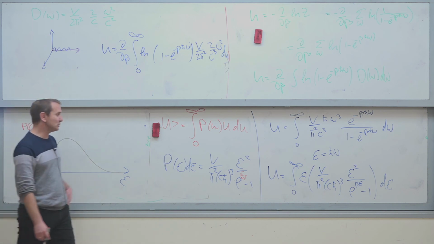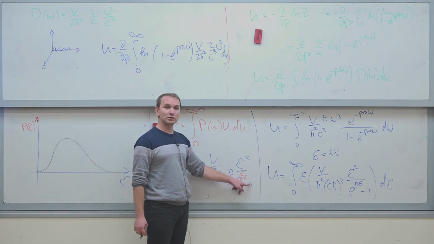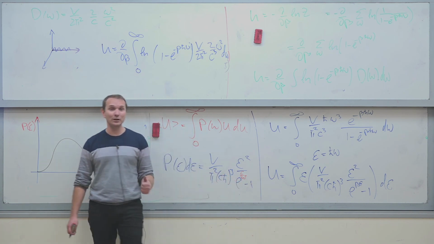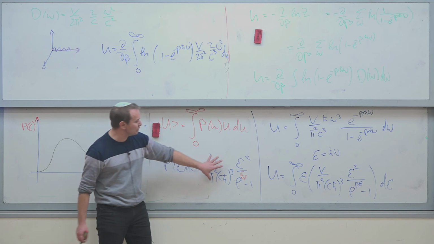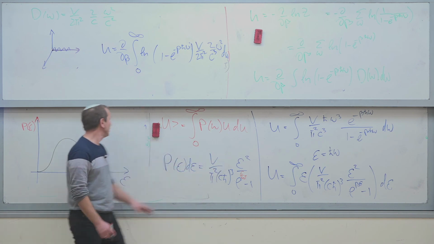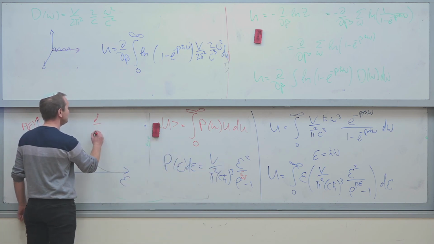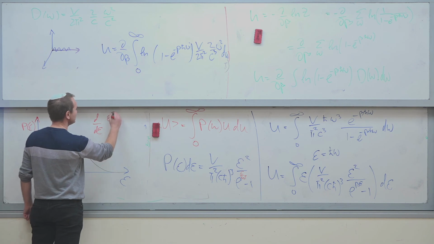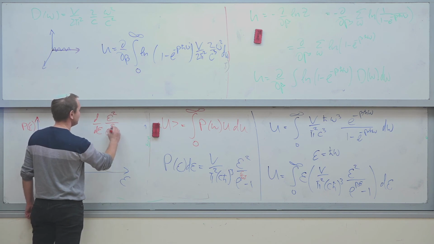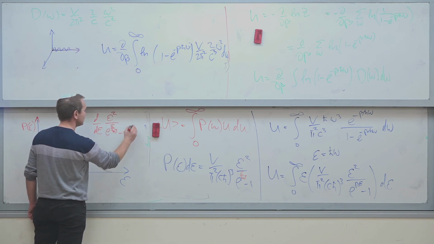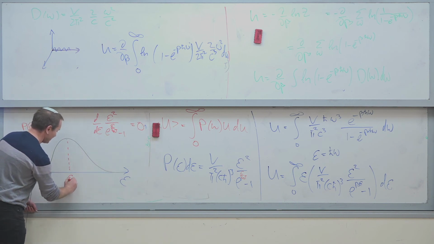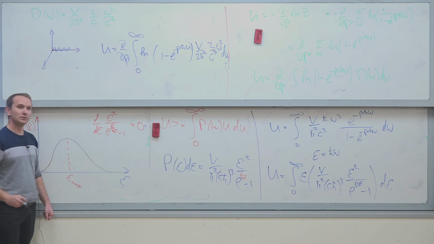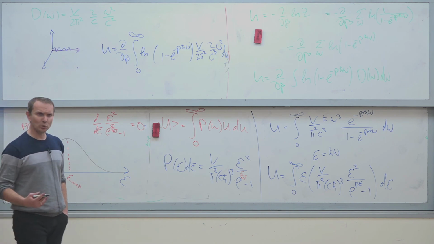The location of this maxima is dictated only by the temperature. If I'm looking for a maxima, all the prefactors are not interesting, and I'm looking at d to d epsilon of epsilon squared divided by e to the epsilon over K Boltzmann T minus 1 equals 0. That gives epsilon max.